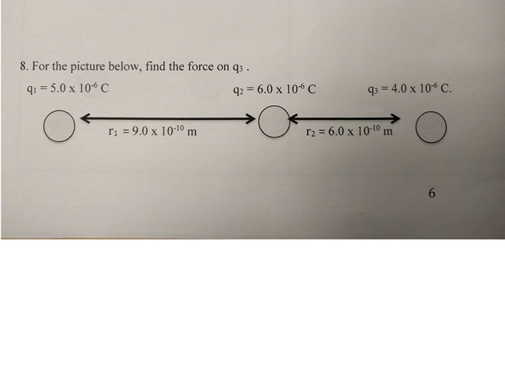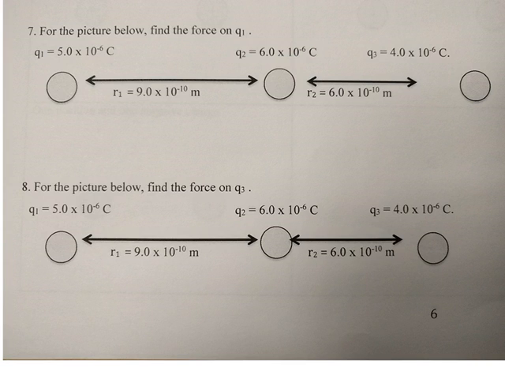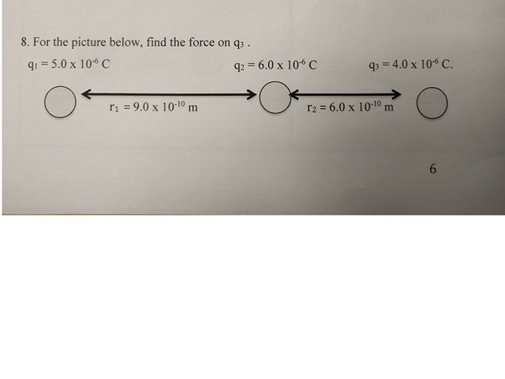Alright, maybe you noticed, maybe you didn't. This probably looks really, really similar because, hey, it's the same exact numbers. The only difference is we care not about Q1, but Q3. So you're going to essentially do the same thing, except with a focus on Q3.